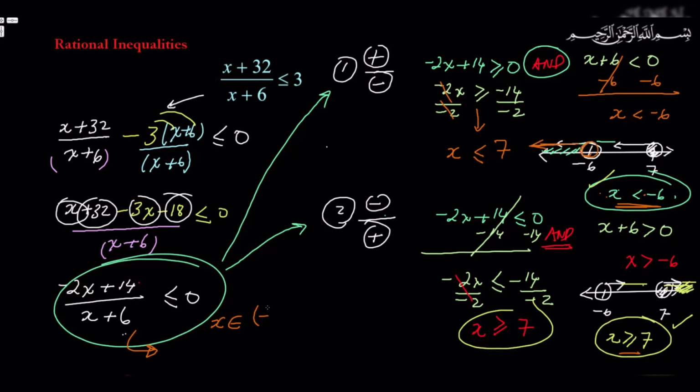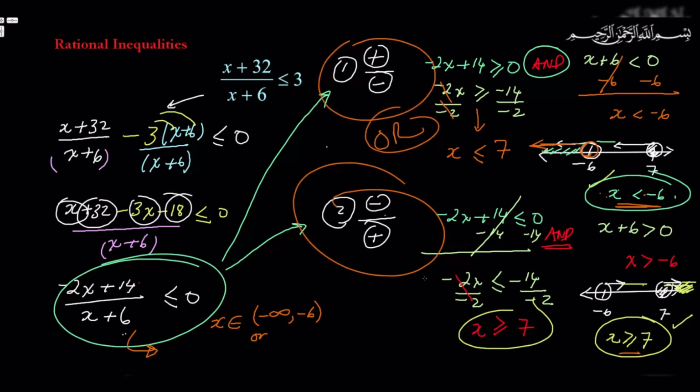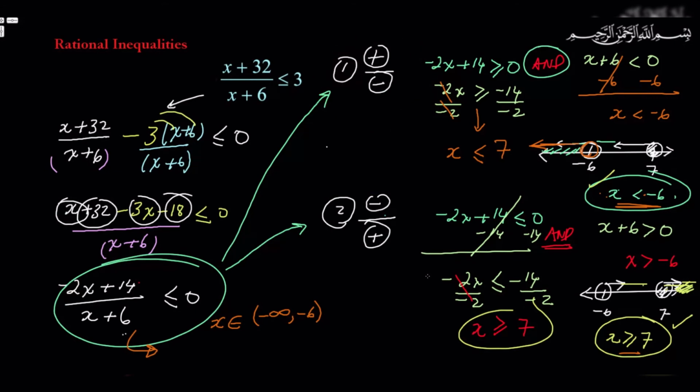So open end, that's parentheses, from negative infinity all the way up to negative 6, and that's an open end also, therefore parentheses. And you can say or, because it can be this, or it can be this. So this is an or statement, okay? And or x is an element of this set. Now this is a closed end, so it's going to be 7 over here.